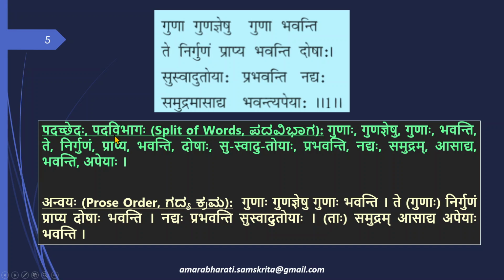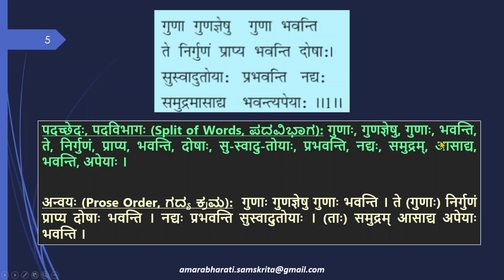First is the Padacheda or the Padavibhaga or the split of words. The split of words is like this: Gunaha Gunagnyeshu Gunaha Bhavanti Te Nirgunam Prapya Bhavanti Doshaha Susvadu Toyaha Prabhavanti Nadyah Samudram Asadya Bhavanti Apeyaha.